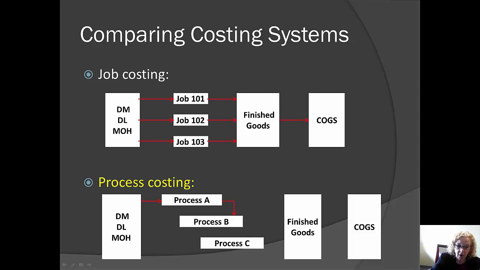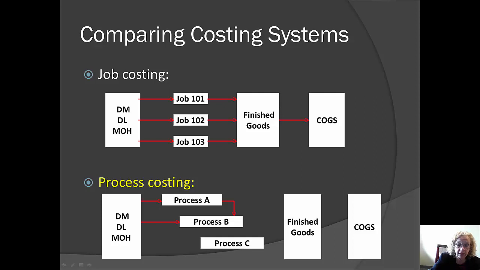In that department, we have all of the units that came from the mixing department, but they're not done. They need more materials and more labor and more overhead in order to finish being canned.